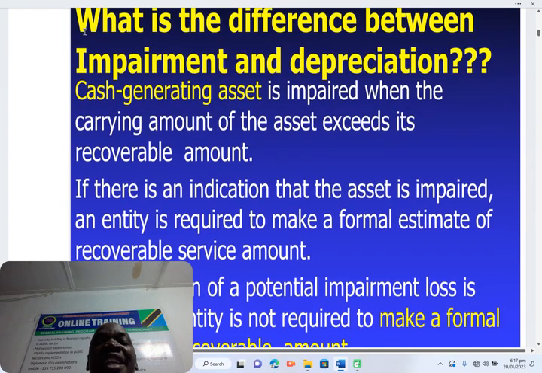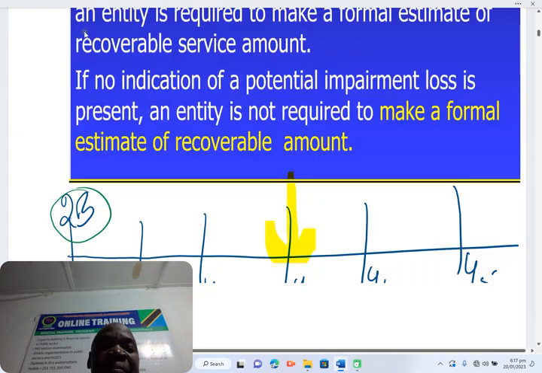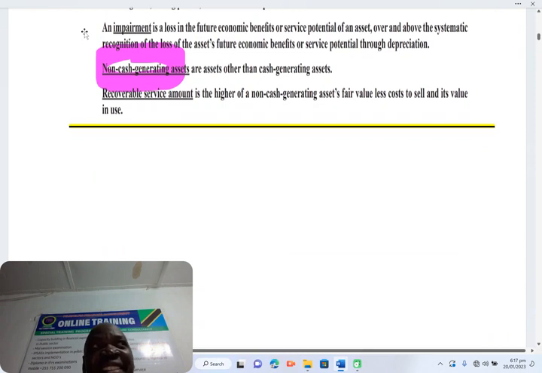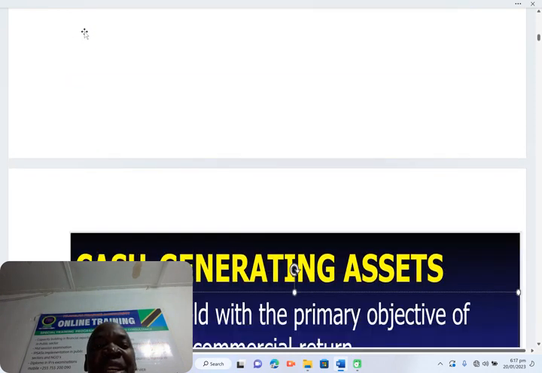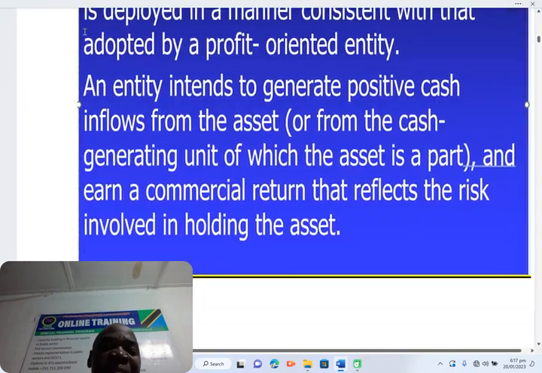So we discussed the difference between impairment and what? Depreciation. I think this one was clear. Now we have some indicators of impairment, where we can accommodate external and what? Internal. Okay.